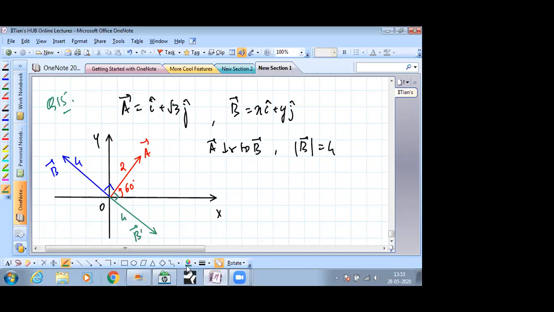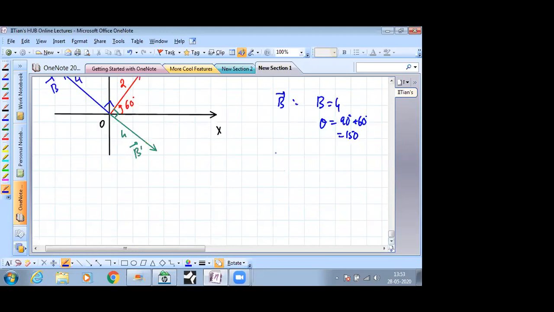But let us work out option B first now. So for the vector B, you can see that the magnitude of B is 4 and theta with the x-axis is how much? 90 plus 60, or 150. You just write in component form. Okay?